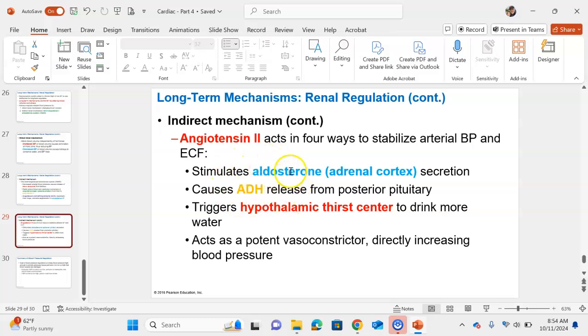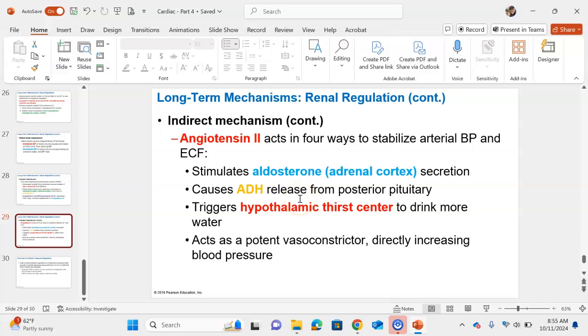So what do aldosterone and ADH do for blood volume? Well, let's summarize it real quick. And when we get to the kidney material, we'll actually look at the locations and the specific cells that are involved. But aldosterone is going to stimulate the kidneys to reabsorb sodium. ADH is going to stimulate the kidneys to reabsorb water.